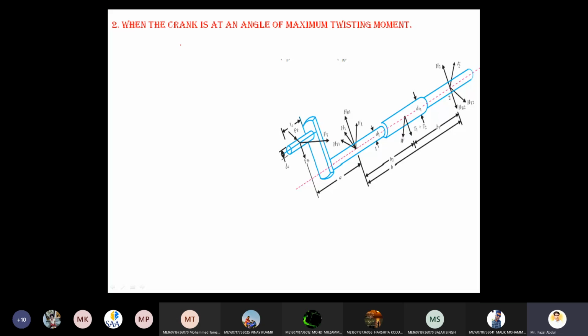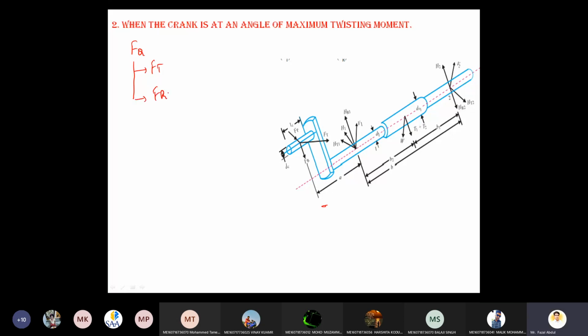Considering the position of the crankshaft at an angle of maximum twisting moment, in this manner, as given in the figure I'm showing on the screen, an FQ force is acting due to the gas force. That FQ force has two components: one is the tangential component, one is the radial component.